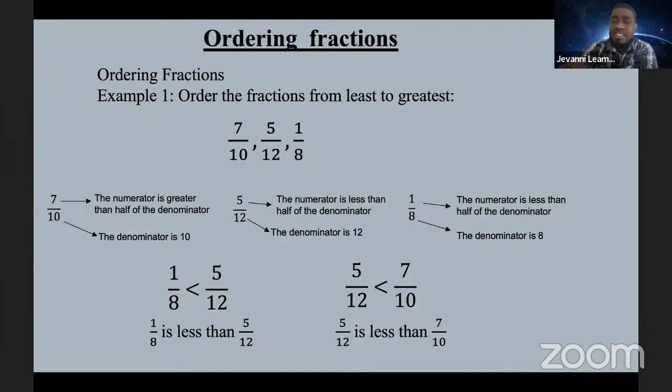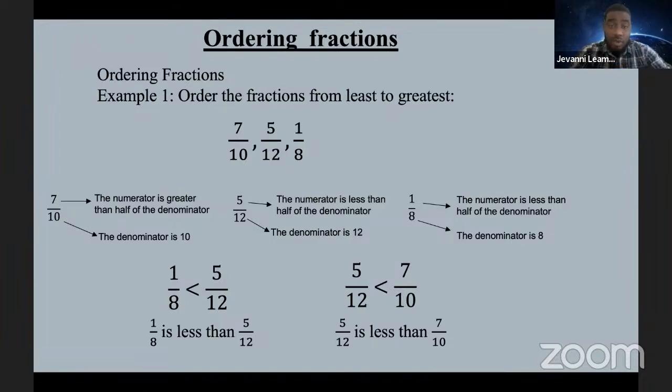Would it be 7/10, 5/12, or 1/8? Which fraction is the smallest, the least? Which fraction is the smallest out of the three?